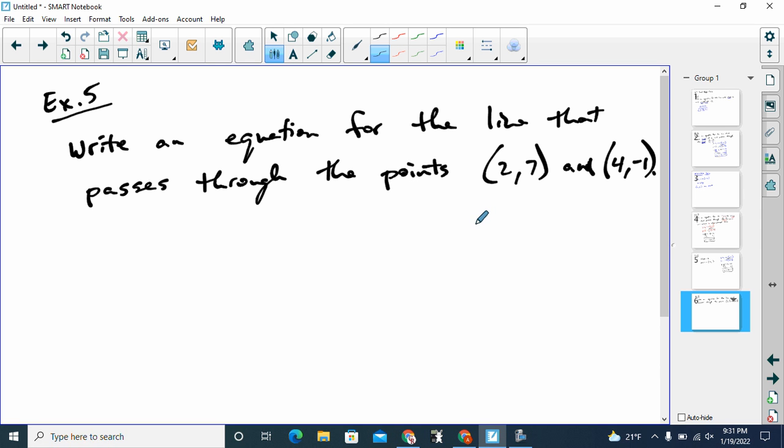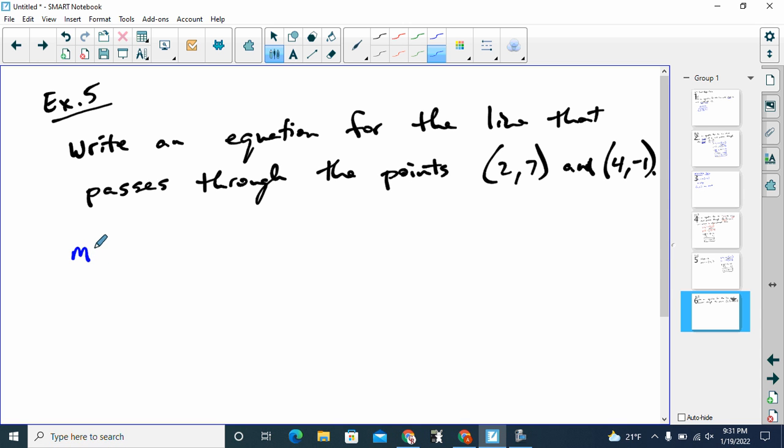On the previous 3 problems, examples 2, 3, and 4, they told us the slope. They didn't give us the slope. They just gave us 2 points. But last week we discussed how to find slope given 2 points. So the first thing we need to do, if they don't tell us what the slope is, we need to figure out what that slope is.